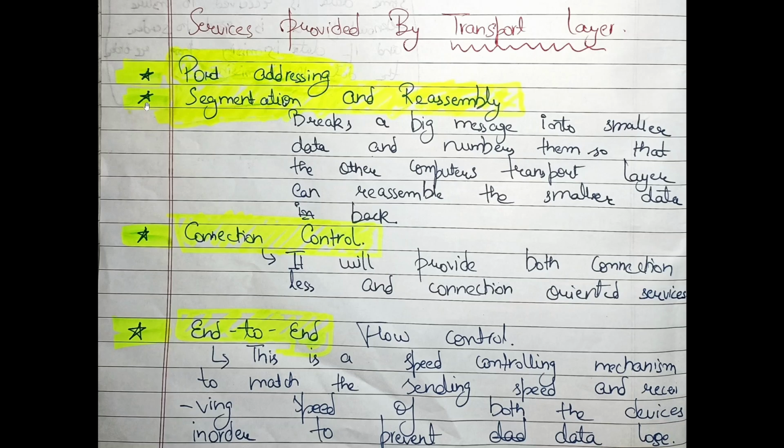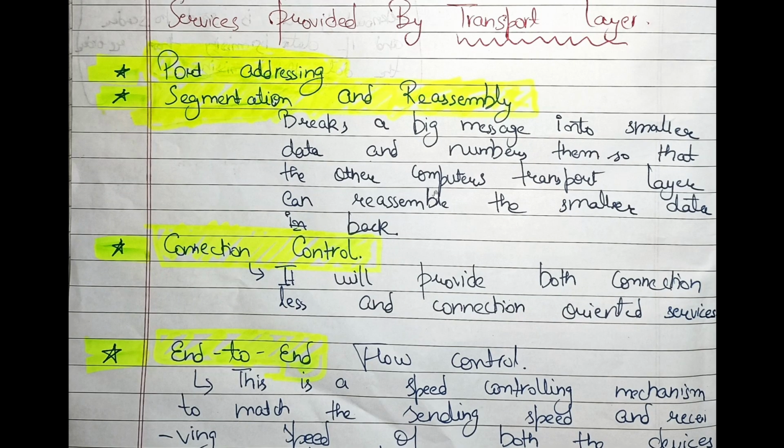And the second one is segmentation and reassembly. Segmentation, you already know, breaks a big message into smaller data and numbers them, so that the other computer's transport layer can reassemble the smaller data.